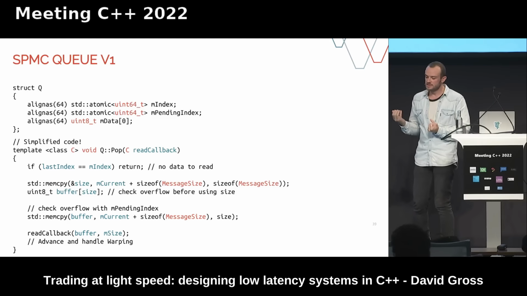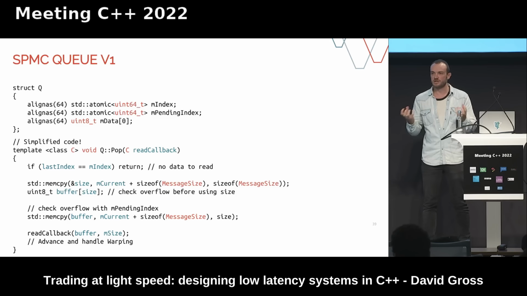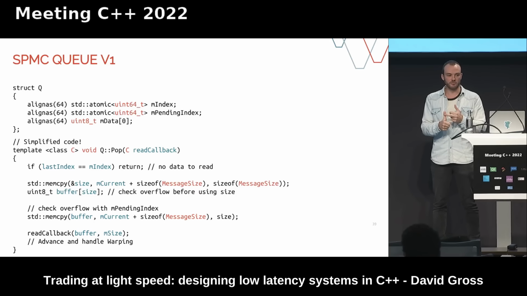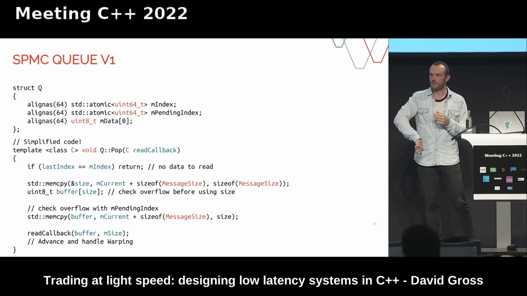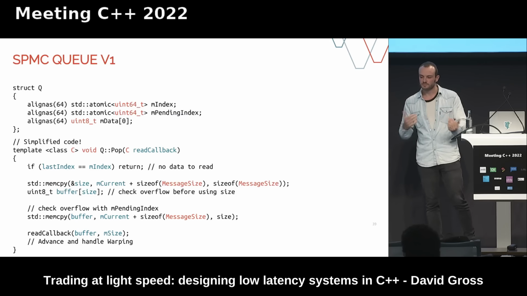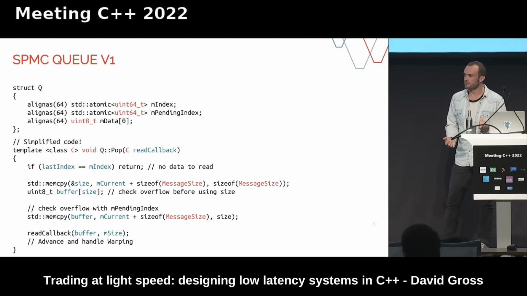You need this pending index and this index to check for overflow. If you imagine you would only have one of these atomic variables, you would have to choose whether you update it before or after your memcpy. And there wouldn't be a possibility for the reader to detect if there is actually an overrun. So again, very simplified code, absolutely not complete, but this is roughly how it looks.